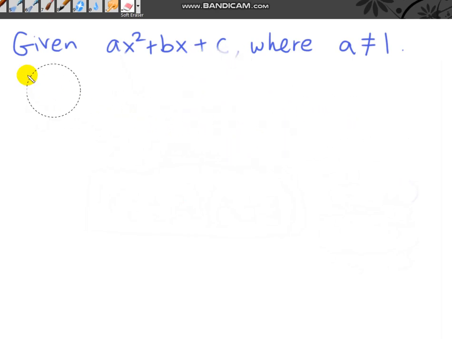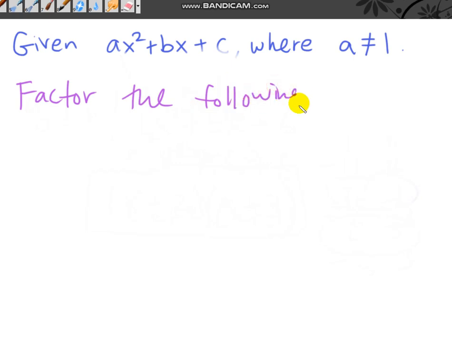The first thing I should do is write out what we're doing: factor the following expressions.